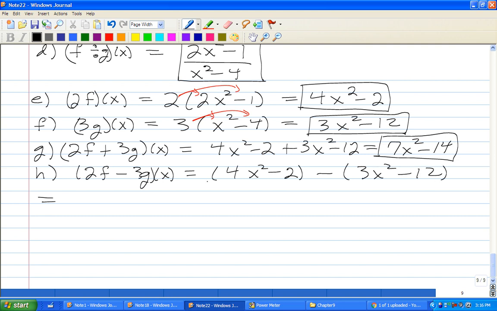And so, let me remove my parentheses. I have 4x squared minus 2. I have a minus sign outside the parentheses, so let me change all the signs inside the parentheses. So you get a minus 3x squared plus 12. 4x squared minus 3x squared is x squared. 12 minus 2 is just 10.